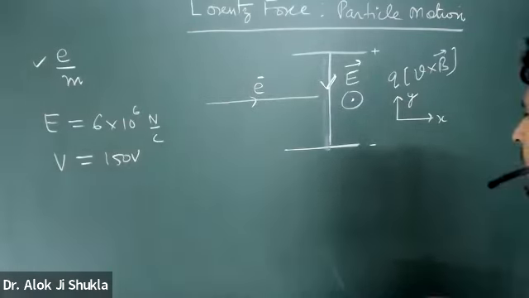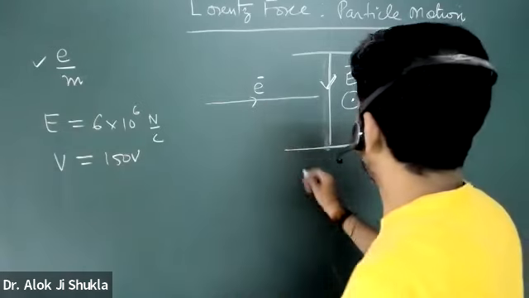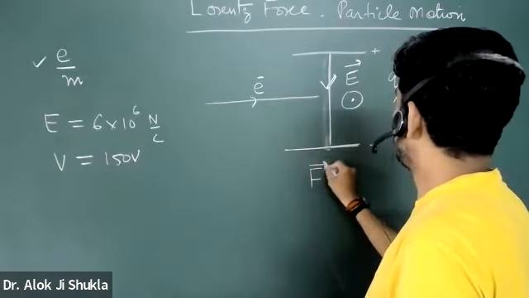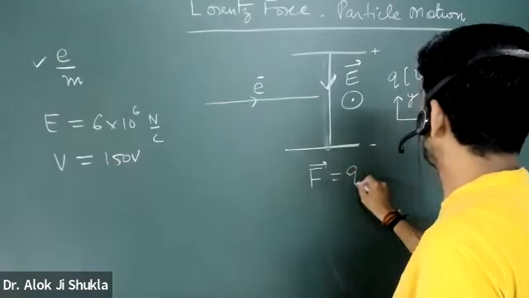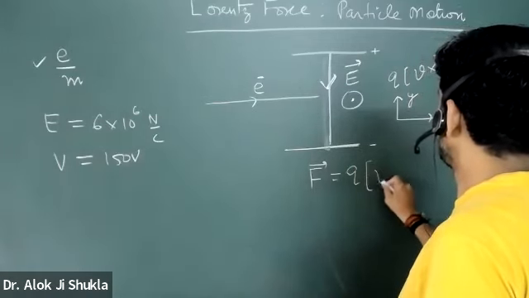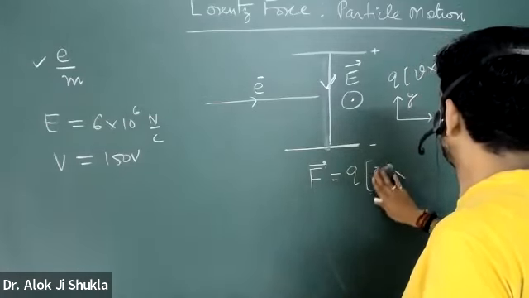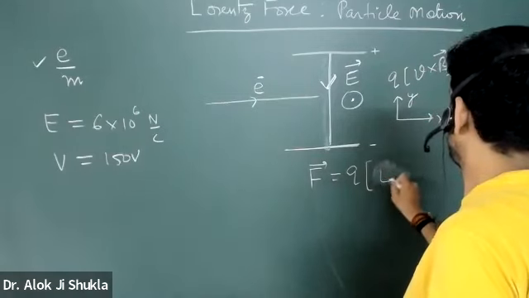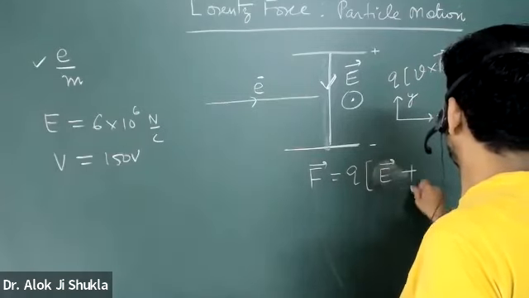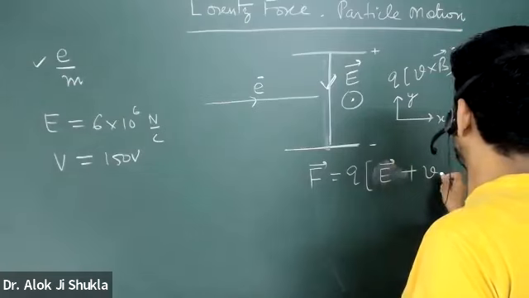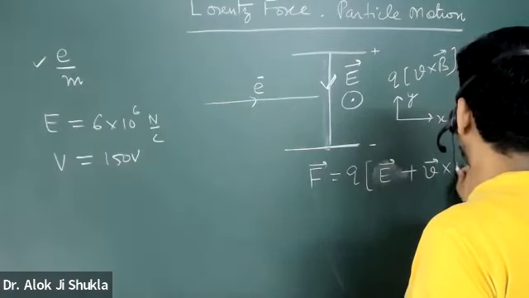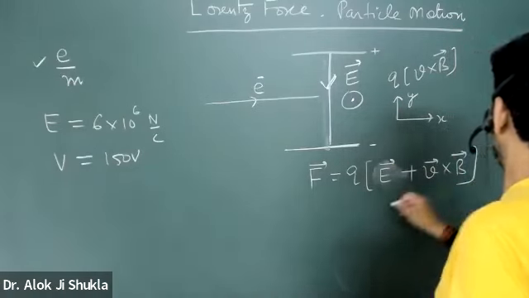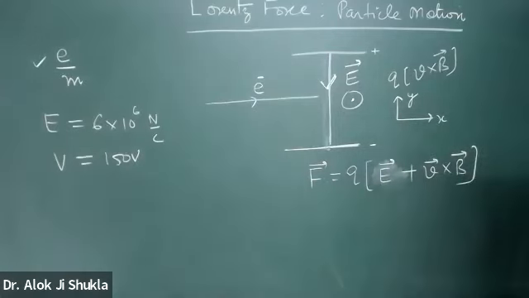So essentially what I am going to do is, if you want it to be undeflected, F is equal to Q V cross B, F is equal to 0.